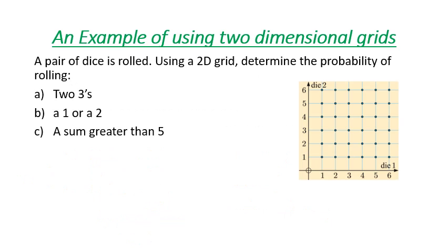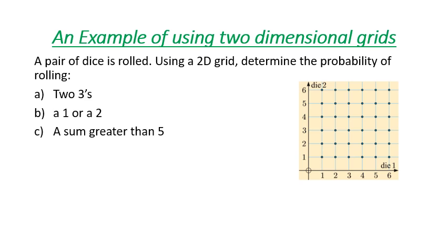Here is an example where we're using a 2D grid where the sample space is quite large. Okay, in this particular case, we've got 36 different possibilities where we're rolling two normal six-sided dice, and we're looking at the different outcomes.